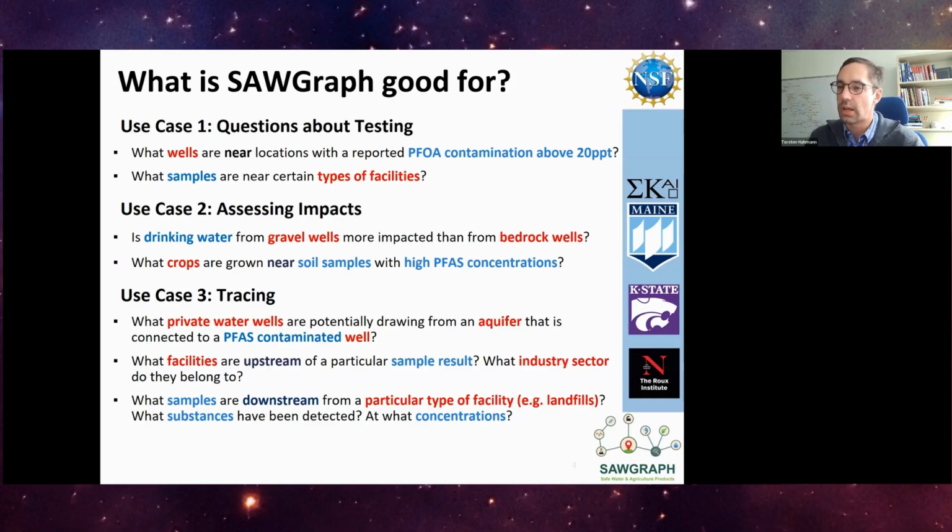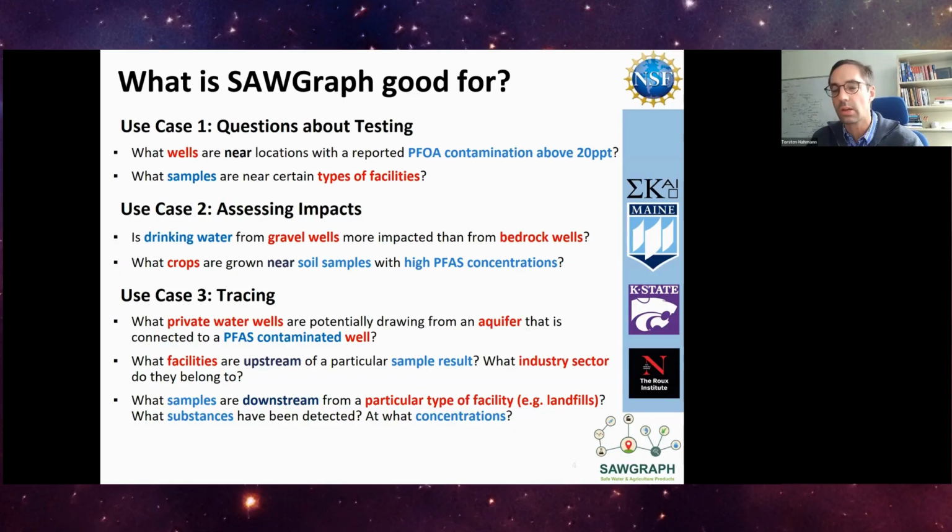But we can also trace through the surface water stream network to identify facilities that are upstream of concerning sample results and even group them together. What kind of industry sectors do we see upstream there that might be the cause of the PFAS contamination?